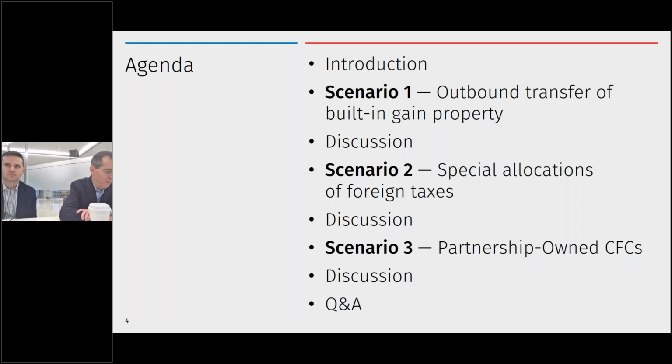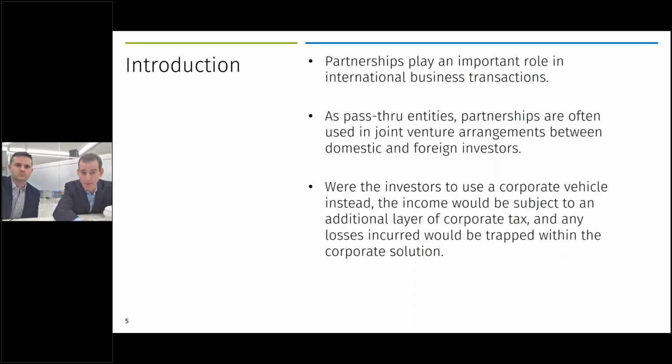So, as you all probably know, the United States treats U.S. taxpayers very differently from foreign taxpayers. U.S. taxpayers are subject to tax in the United States on worldwide income, subject to a couple important exceptions. The United States treats foreign taxpayers quite differently.